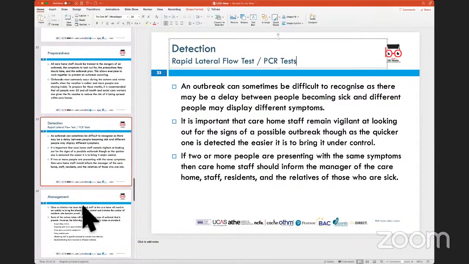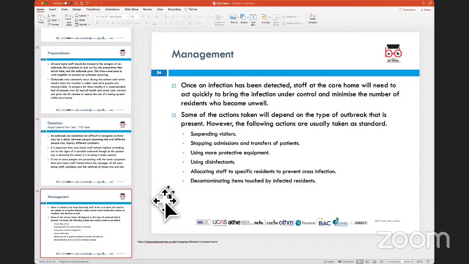And the last bit was management of the whole system in terms of spread and prevention of the spread of COVID-19 within a care home.